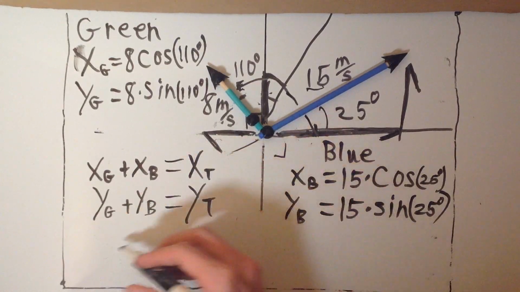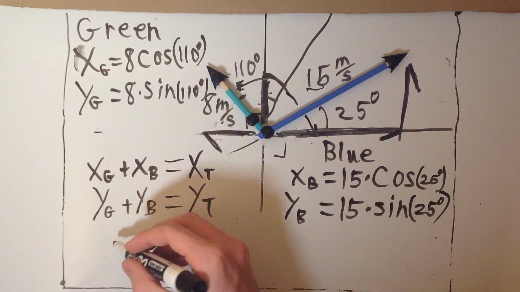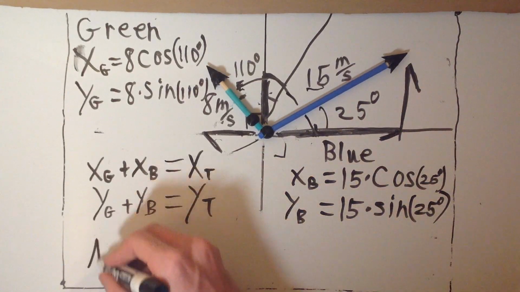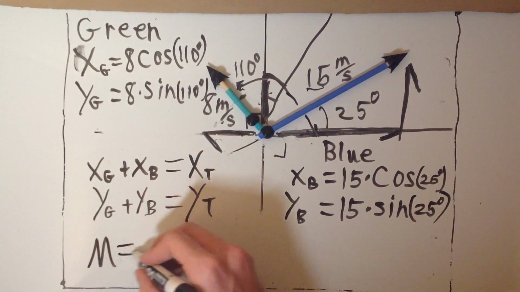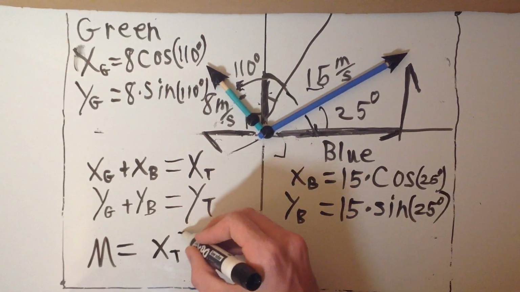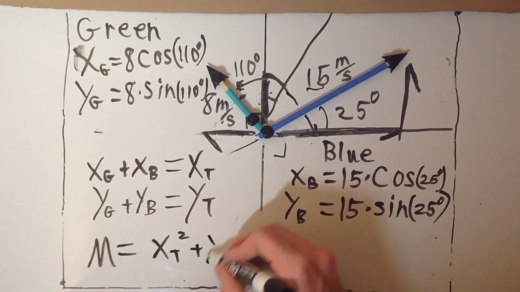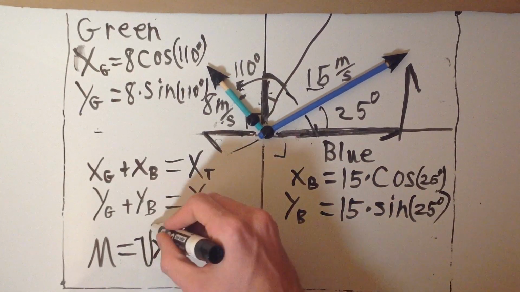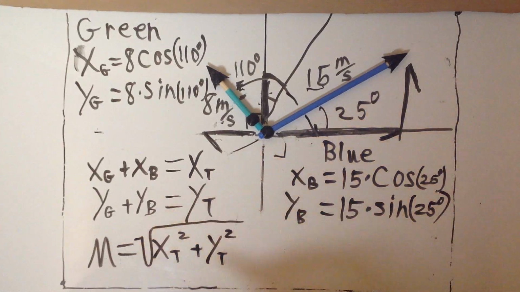So let's see. We're going to have to get our resulting magnitude, and magnitude we'll call m. Our magnitude of resulting vector is going to be xt squared plus yt squared, and that whole thing square rooted will give us some magnitude. Good old Pythagorean theorem once again, nothing new.